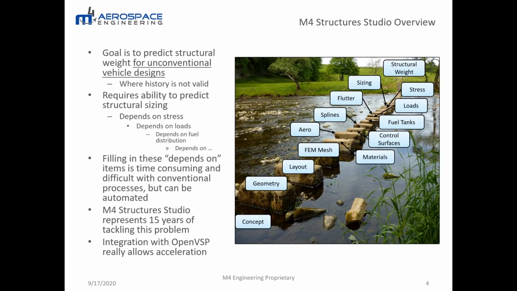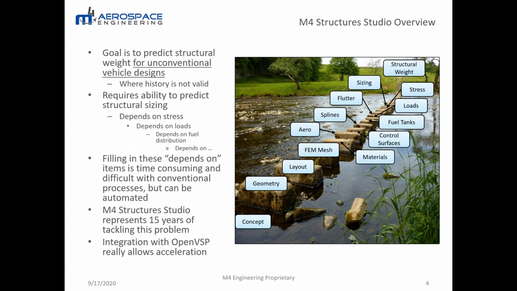When we think about developing structural models and doing physics-based weight prediction, the motivation or driving force for this is basically because we don't necessarily have all the data we need to come up with these really nice empirical relationships that predict weight, like Nicolai or the Raymer equations, especially when we deal with unconventional vehicles.